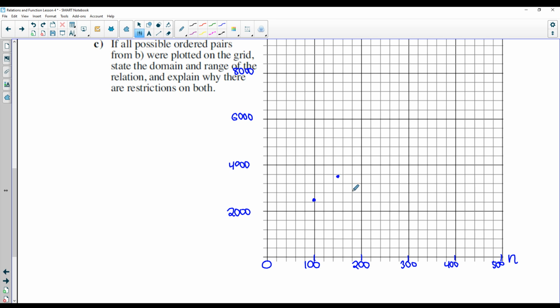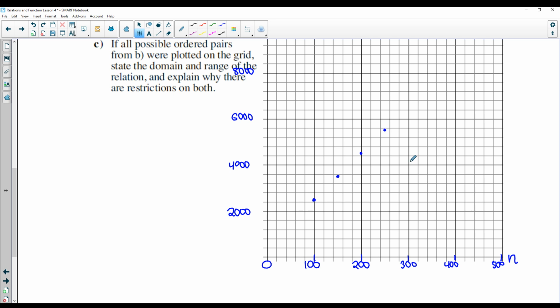There might be a better scale you can use, but this is sufficient. Okay, then if there's 200 people, the cost is 4,500. So that's probably going to be about right here. Then if there's 250 people, the cost is 5,500. So that's going to be about right here.